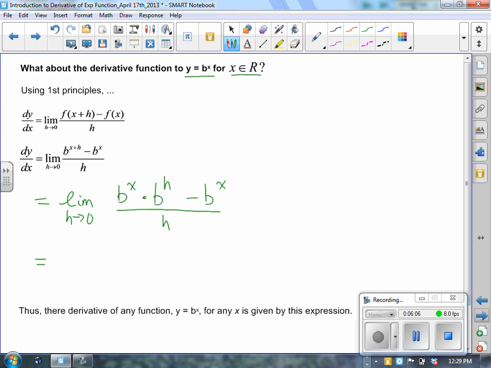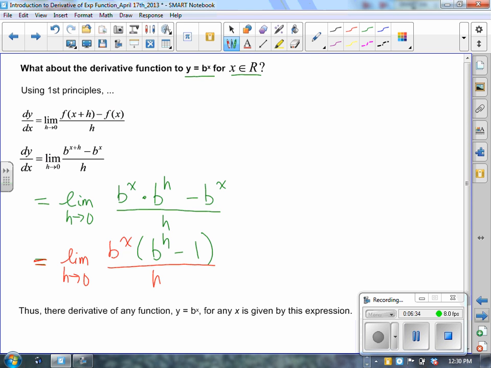Let's just change colors here and differentiate between lines of our solution. If we common factor out b to the x, take b to the x out, you're going to be left over with b to the h minus 1 all over h, in the numerator.